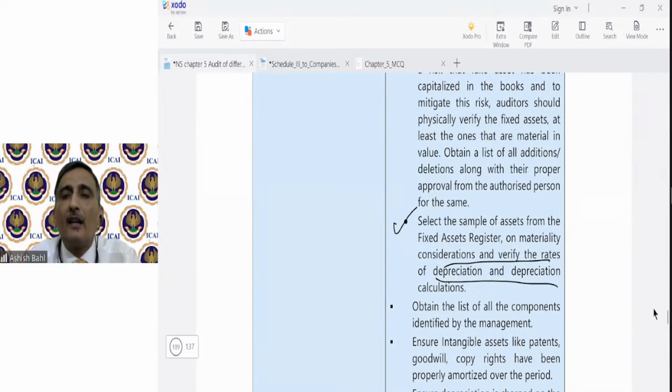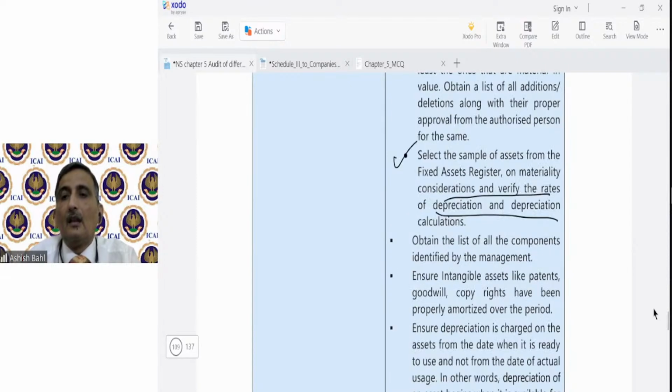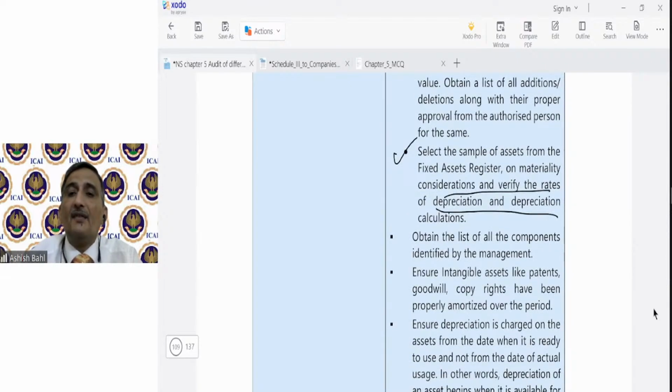What it is saying is that there is a huge number of items and it is not possible for you to check each and every item, so you select some sample items and check depreciation on those items. Okay. Obtain the list of all components identified by the management.